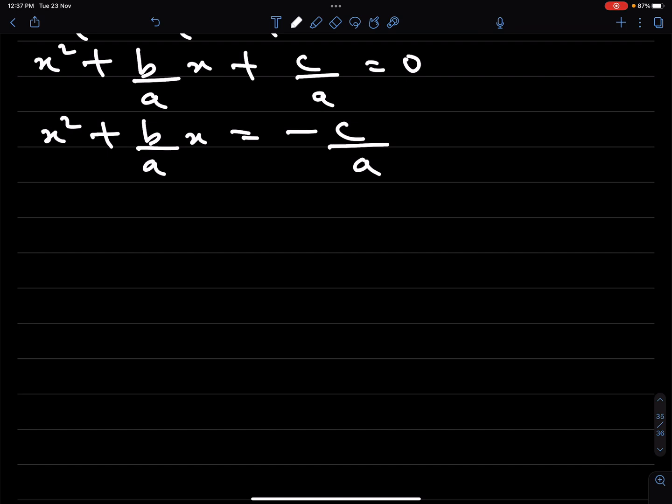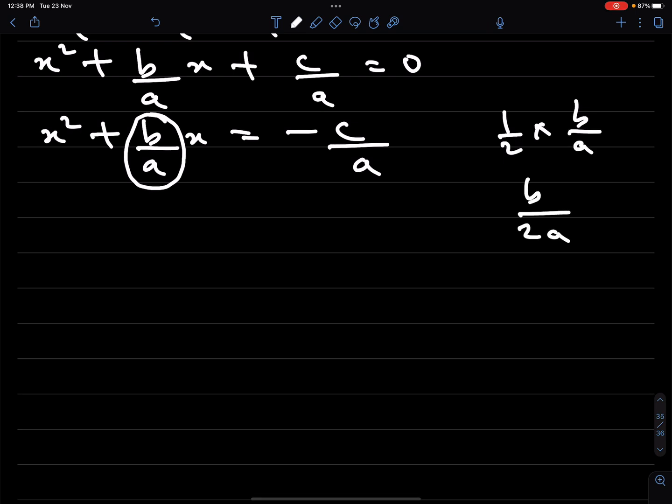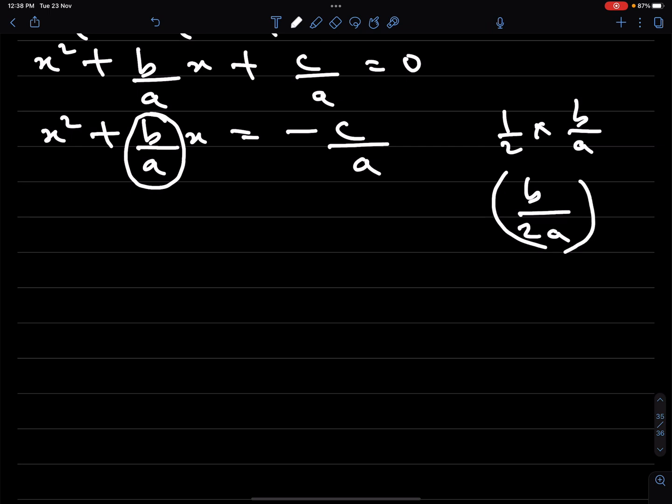Now the coefficient of x is b over a. Half of that, which is 1 over 2 times b over a, is b over 2a. So I'm going to add the square of half the coefficient of x to both sides.